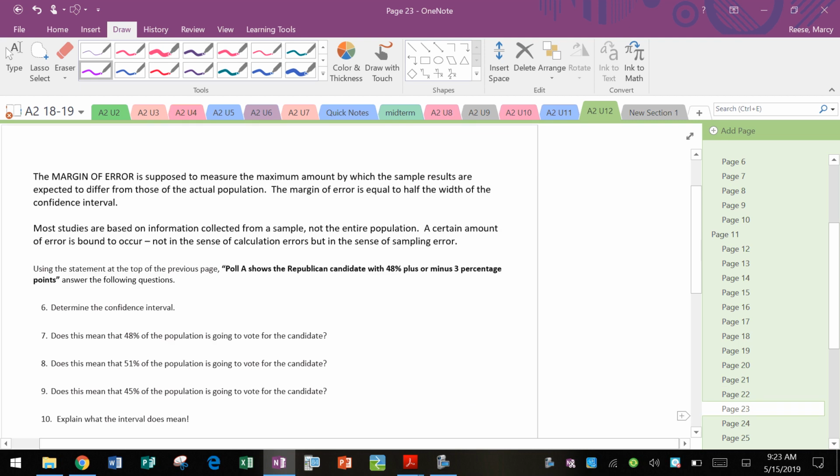Let's actually do it. Okay, the margin of error is supposed to measure the maximum amount by which the sample results are expected to differ from those of the actual population. The margin of error is equal to half the width of the confidence interval, and you will understand what I mean when we do this problem. Most studies are based on information collected from a sample, not the entire population. A certain amount of error is bound to occur, not in the sense of calculation errors, but in the sense of sampling errors.